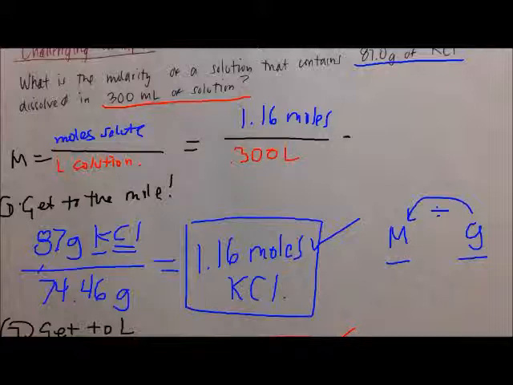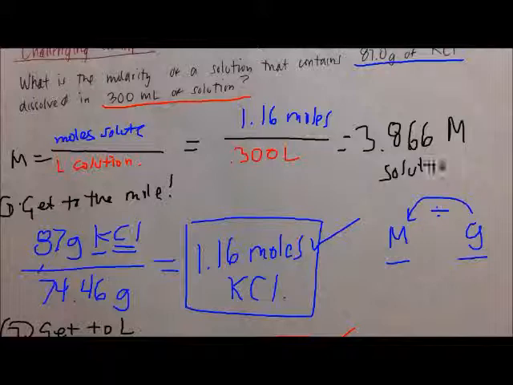Now we need to put this in our calculator. If we take 1.16 moles of potassium chloride and divide it by 0.300 liters, we end up with 3.866, meaning that we have a 3.866 molar solution. And we're done. So that's our answer.